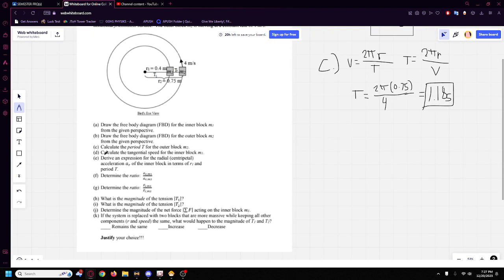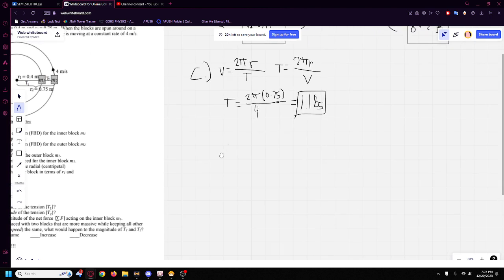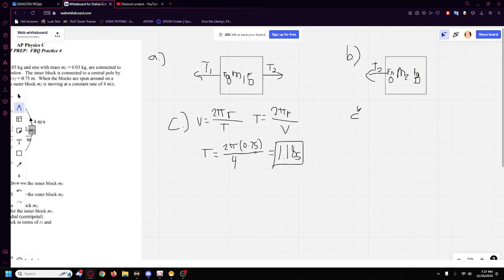Part D asks to calculate the tangential speed for M1. So using the same formula as before, v is equal to 2 pi r over t.